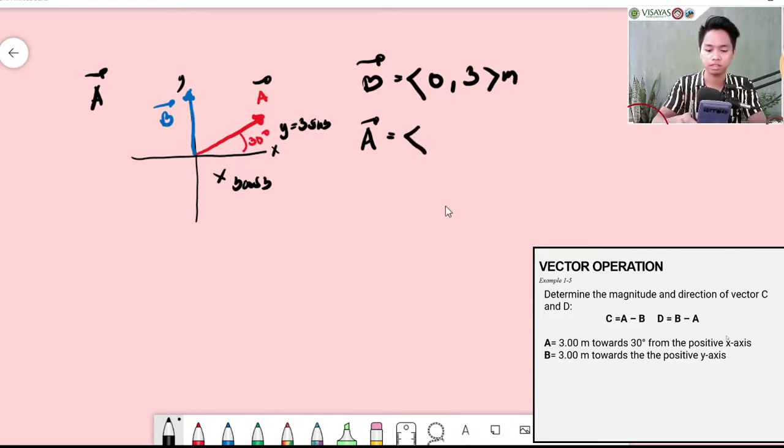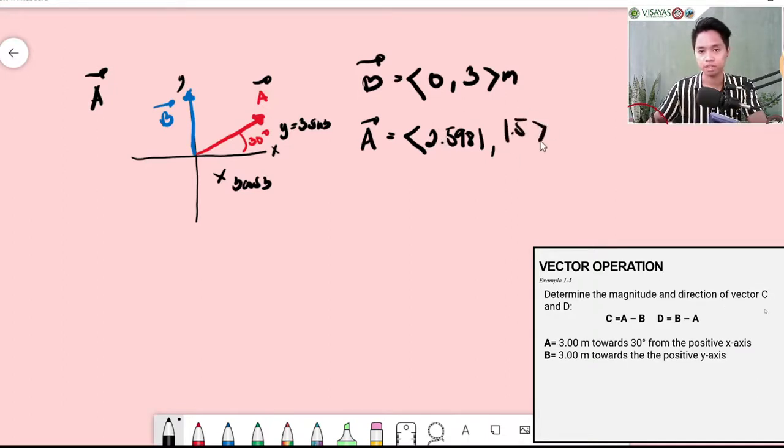How much? 3 cosine 30, that is equal to, let me round off, 2.5981. And then your 3 sine 30, that would be 1.5 siguro. 3 sine 30, that would be 1.5. And that is also in meters. So therefore, we already expressed the two vectors in component form.